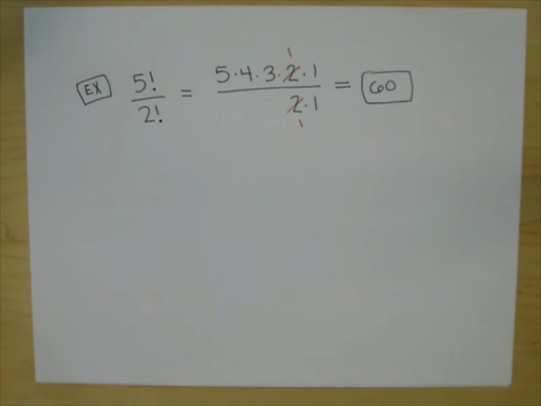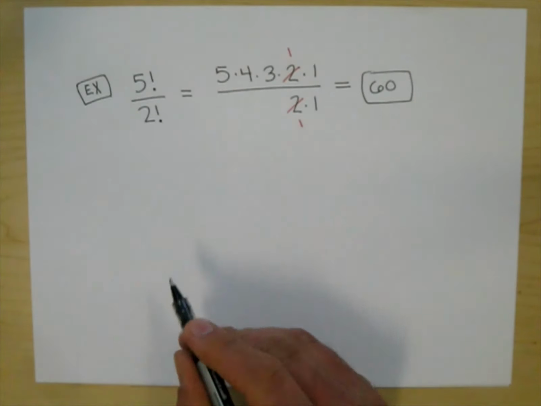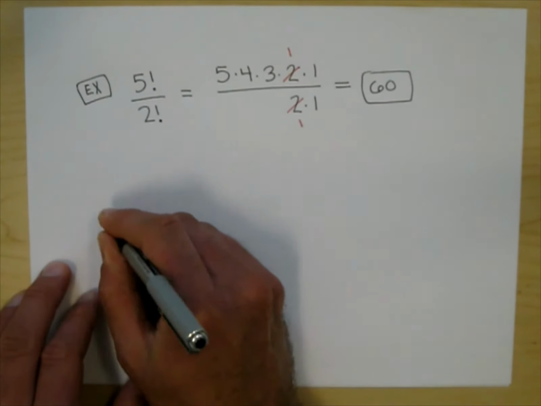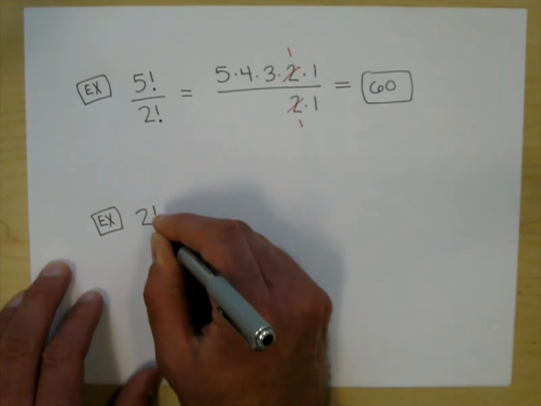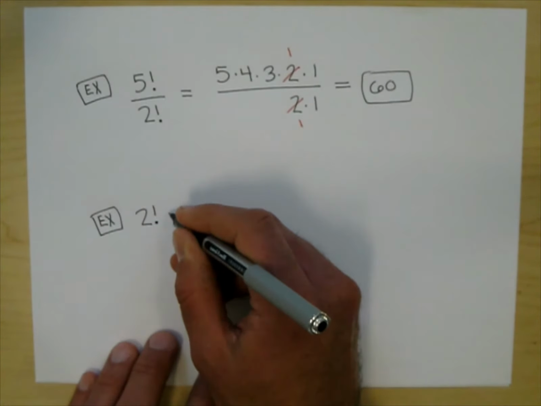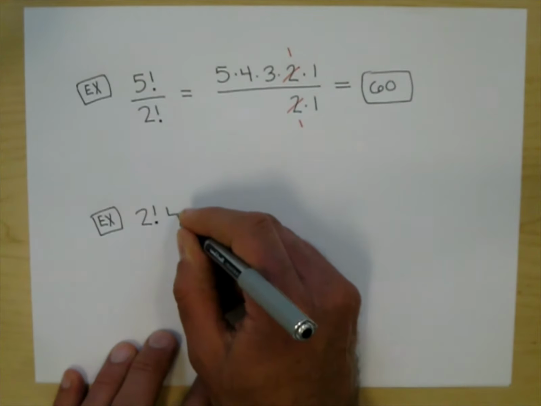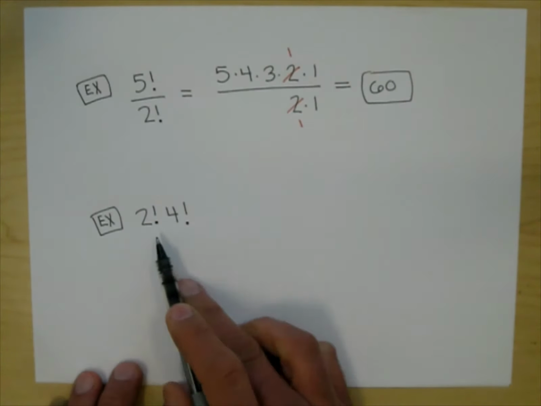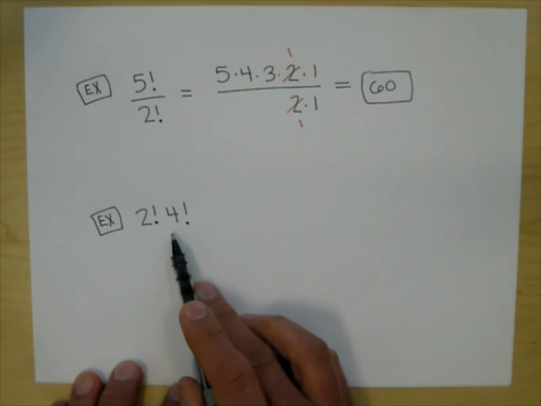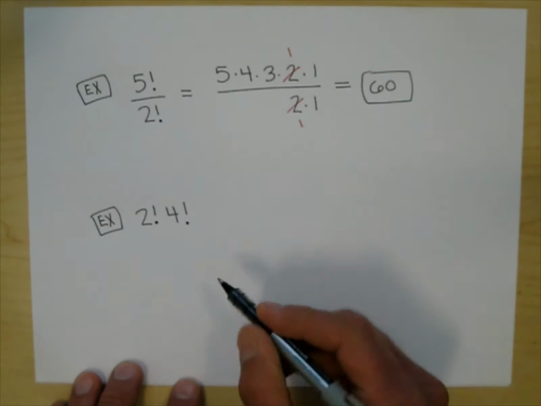Okay, so there's homework problems that help you practice your factorials. Why don't we just do another one here? Like 2 factorial times 4 factorial. Some of you might be inclined to say, oh, well, you multiply and that's 8 factorial? And the answer is no. The order of operations says you do your factorials first.